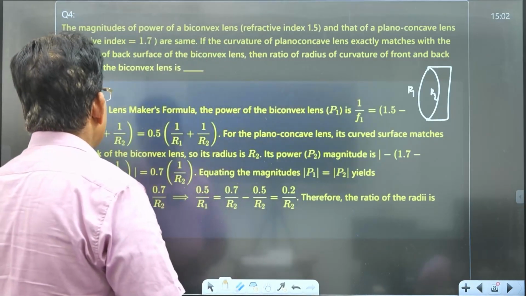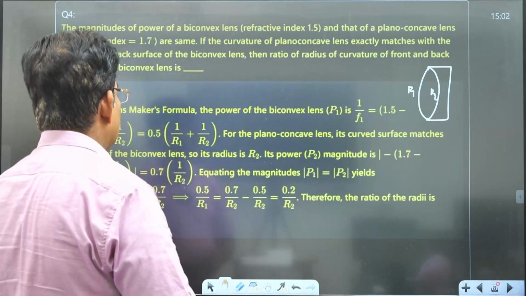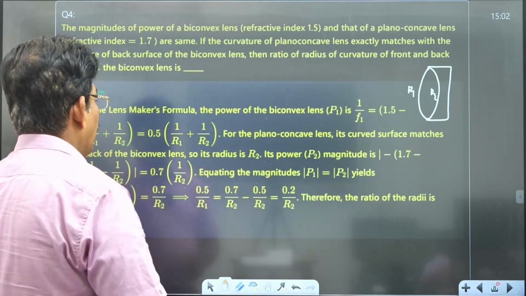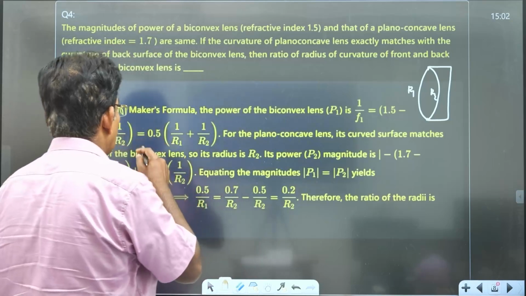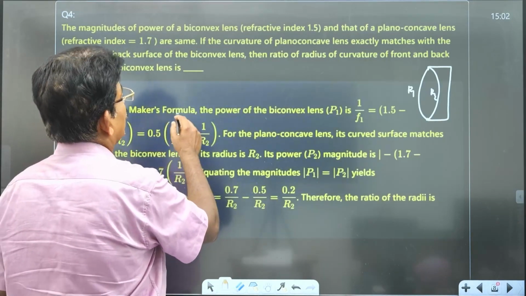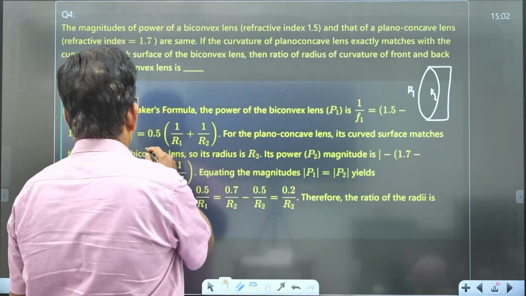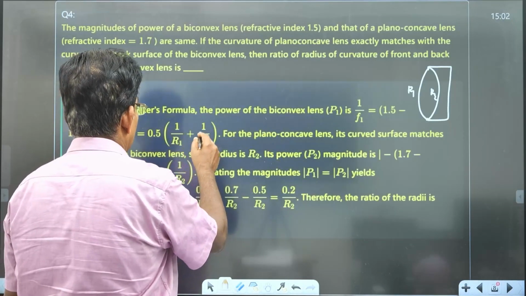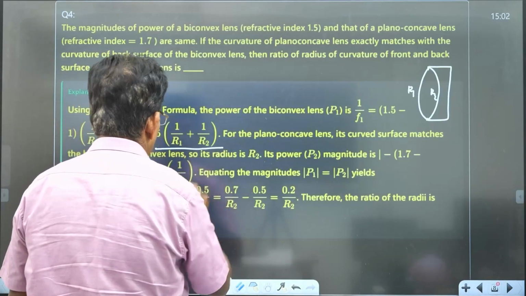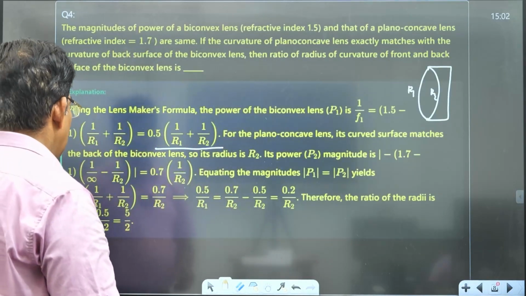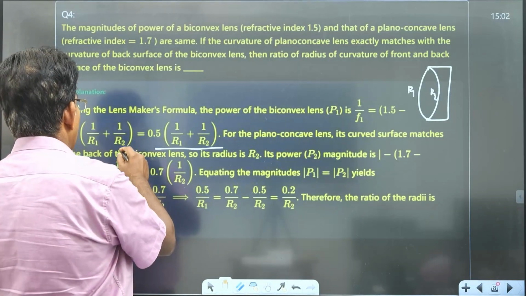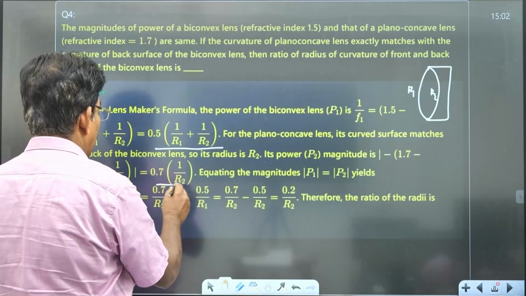And the magnitudes of the power. So first one, the power of the convex lens will be 0.5 because refractive index is 1.5: 0.5 into 1 by R1 plus 1 by R2. Okay, this is the power of the biconvex lens. And power of the concave lens is mu minus 1, 0.7, into 1 by R2.